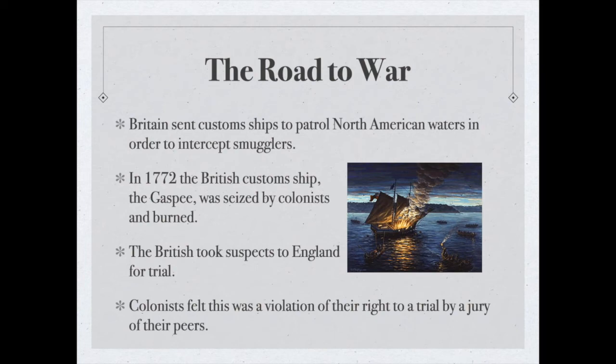In 1772, the British customs ship, the Gaspee, was seized by colonists and burned. The British took suspects to England for trial. Colonists felt this was a violation of their right to a trial by a jury of their peers.